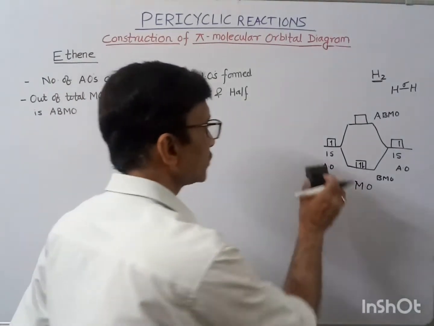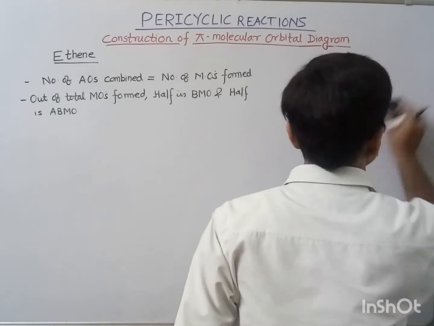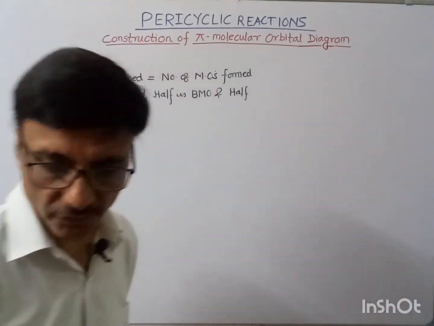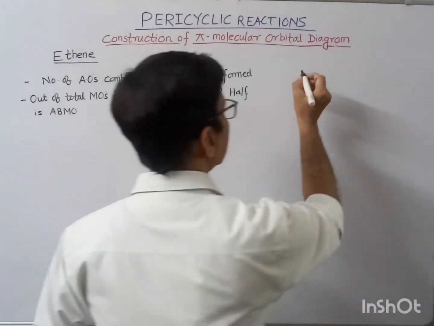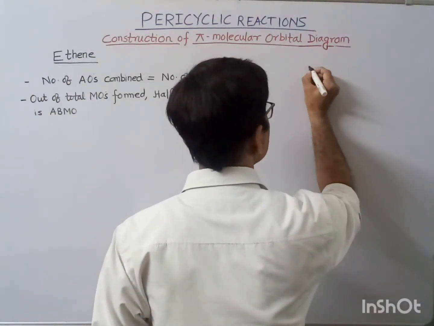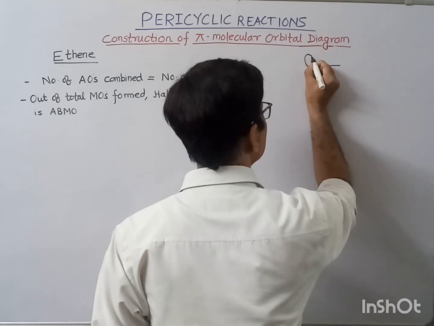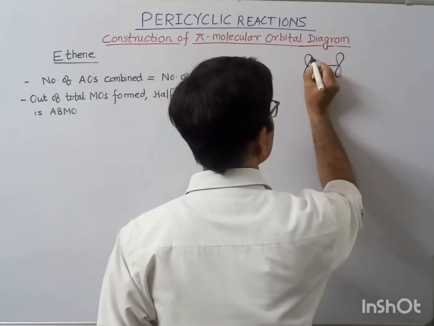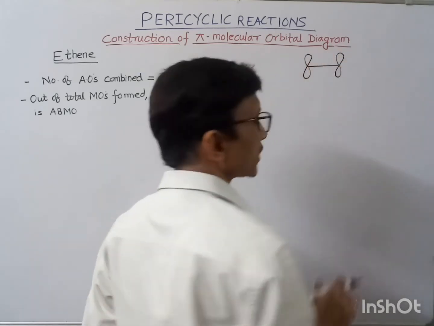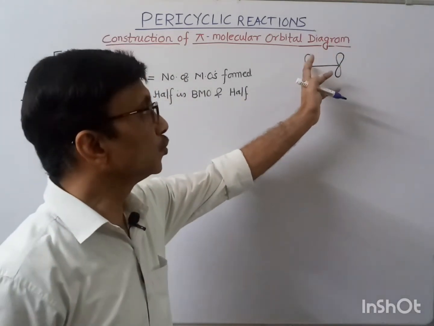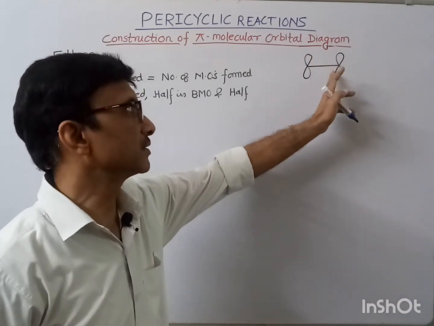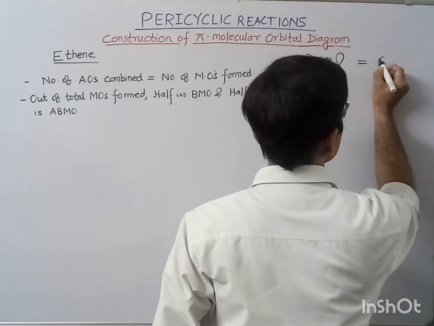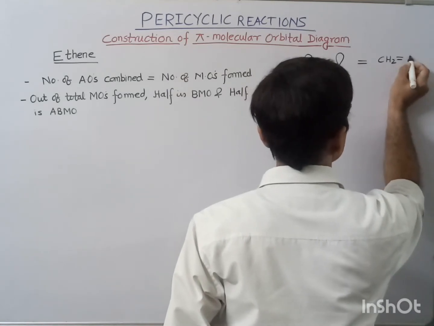So let me first draw the pi molecular orbital diagram for the ethene system. How can we draw it? If you see the ethene system, it has a pi bond, and this pi bond forms by sideways overlap between 2 p orbitals, and then we get the ethene system.